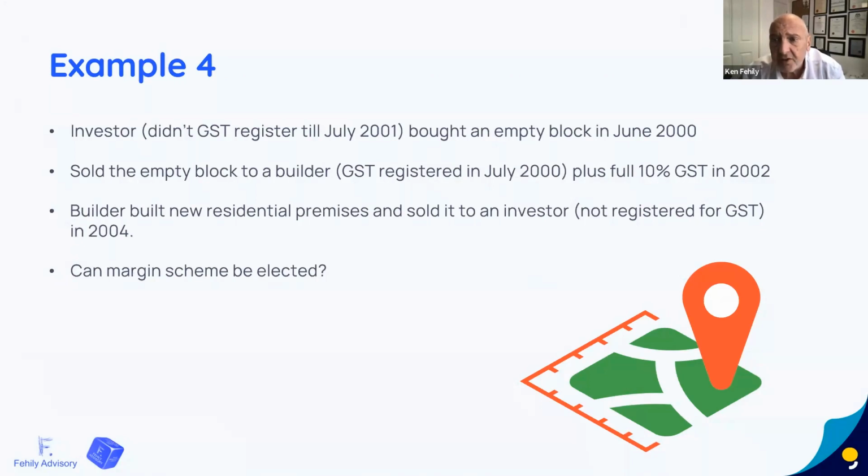It makes absolutely no difference whether he claimed it or didn't, which is why I didn't put it in the example. It's irrelevant. Then he sold new residential premises to an investor. And remember I said at the beginning, it didn't matter whether the family home was sold to a mom and dad or to an investor. The concession is still supposed to apply. Can the margin scheme be elected?